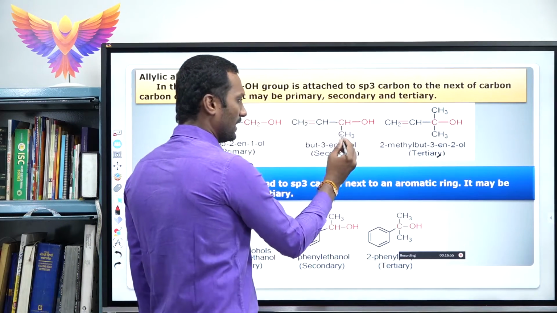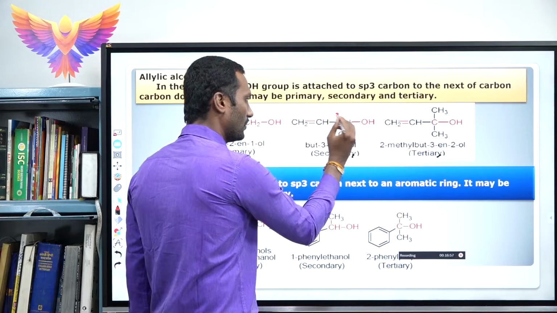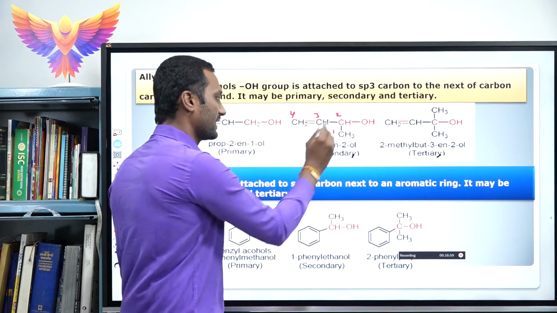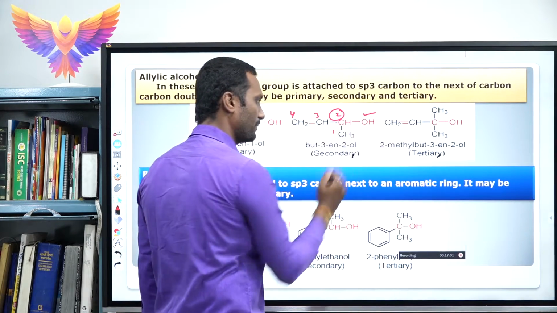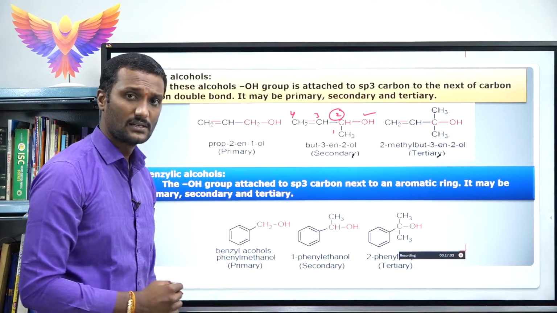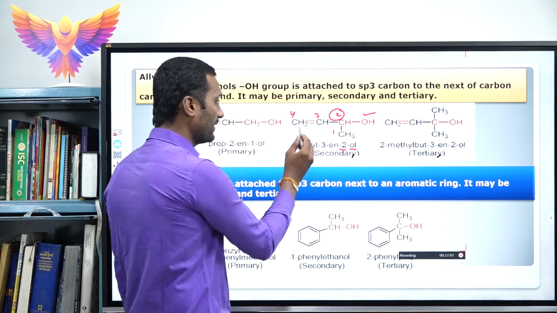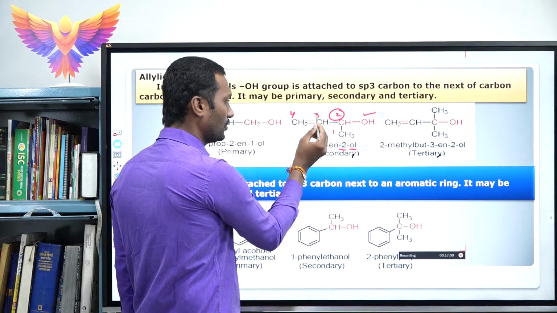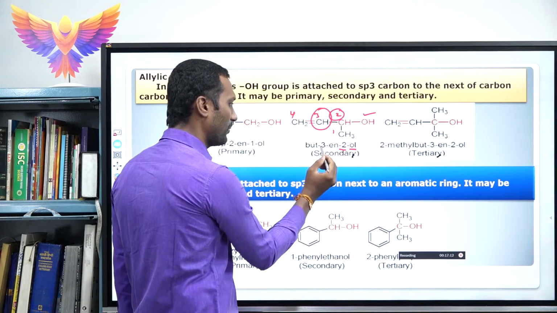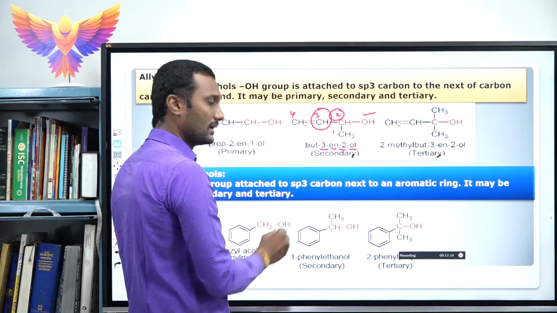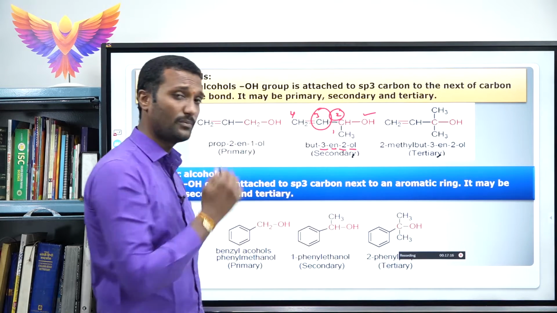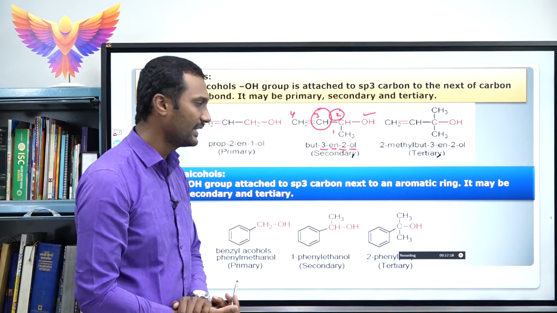So I am giving the numbering here 1, 2, 3, 4. In the second position there is an OH group, the suffix we use is 2-ol. In the third position there is a double bond, so 3-ene. With 4 carbon atoms, the IUPAC name is but-3-en-2-ol.